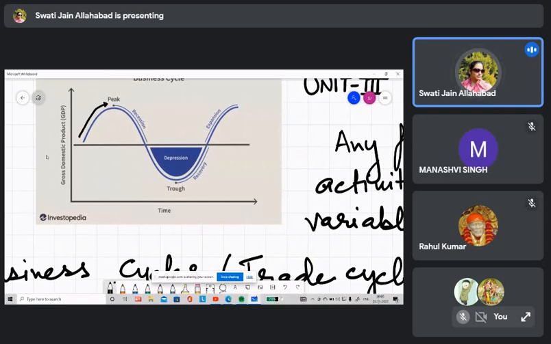So the economic activities are increasing, moving in the upward direction, and they're reaching a peak. After reaching a peak, there is a downfall, or a downward movement. But this downward movement is still above the trend line. Okay, so this is your trend line.